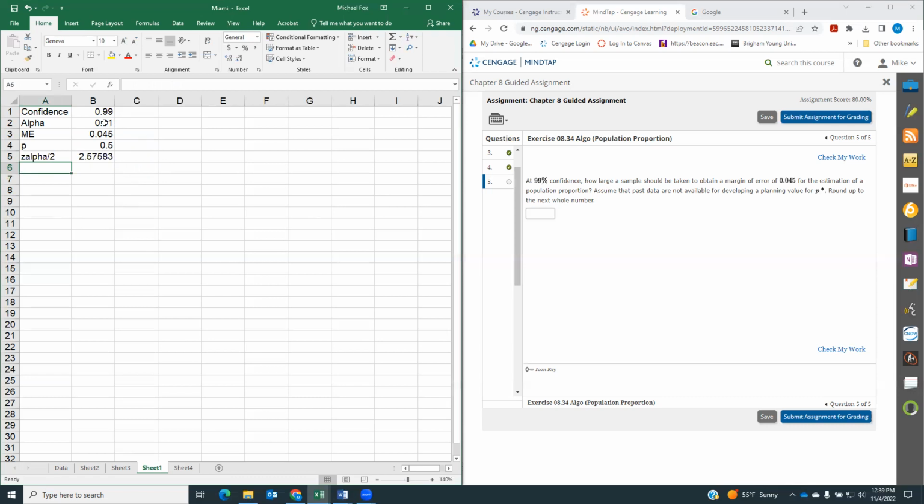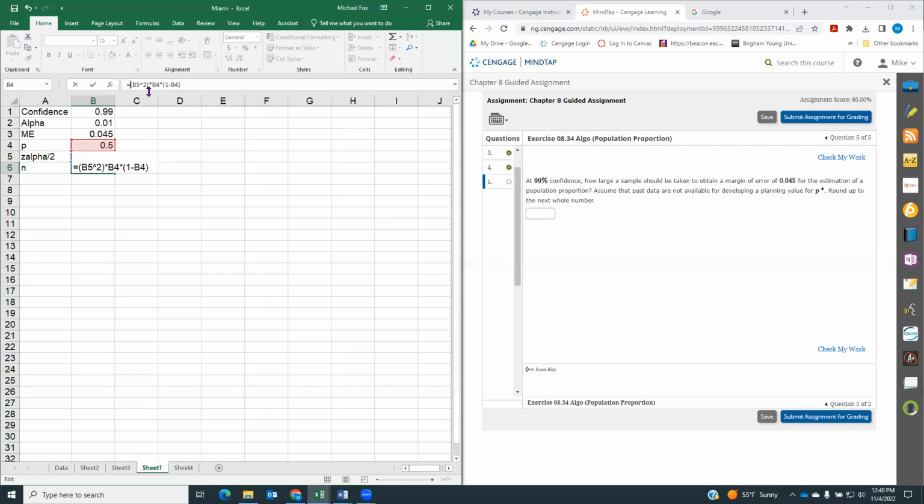And now we can plug that into our equation for n, which is the z-score of alpha divided by 2 squared. So this number squared times p times 1 minus p. There's our numerator.